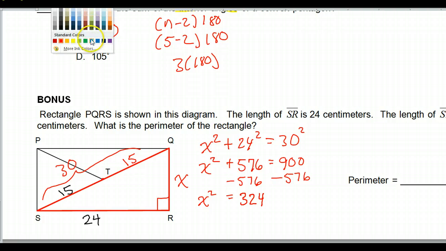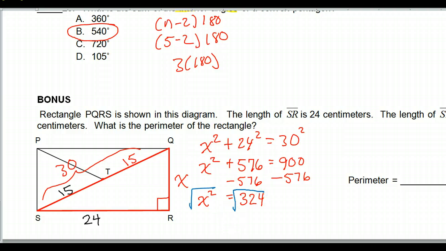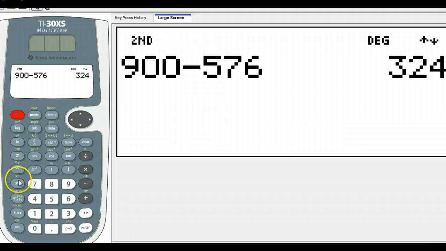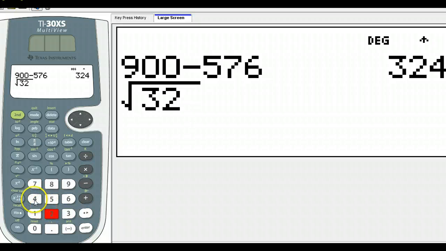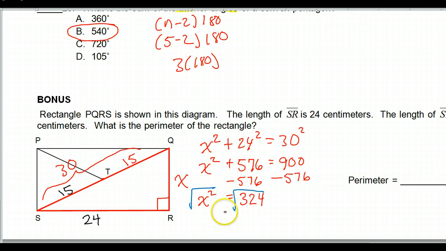Take the square root of both sides. 18. Okay, so x is 18. That means that this side of the triangle, this QR, is 18.